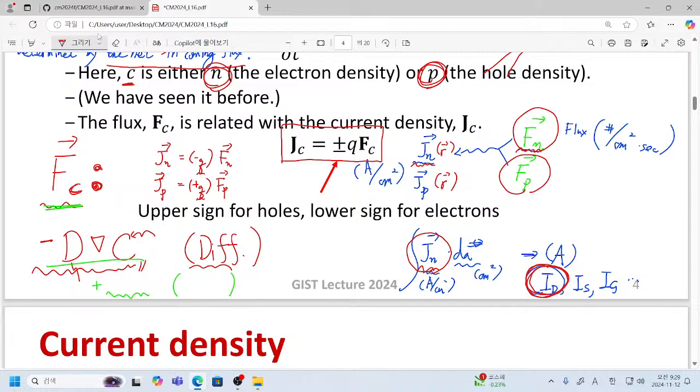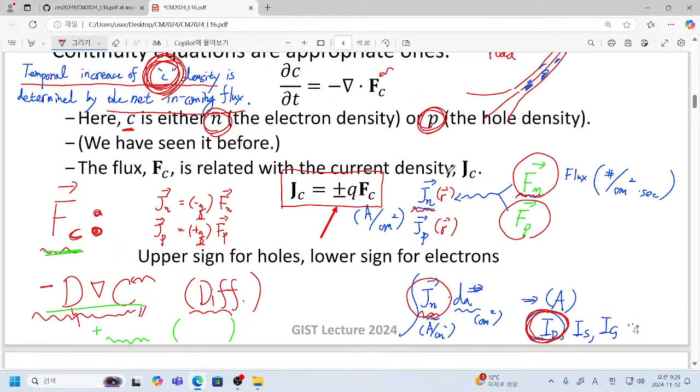Simply speaking, since J and JP are related with fluxes, by solving this continuity equation, as a result of this solution procedure, we can calculate electron flux all over our simulation domain and hole flux all over our simulation domain.